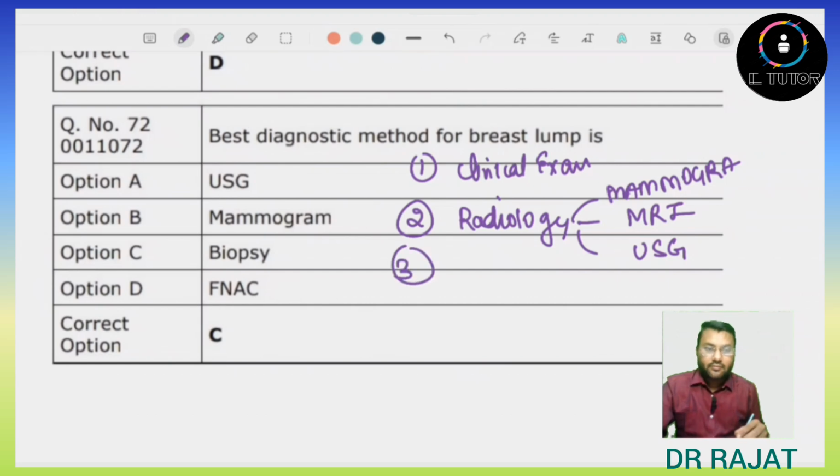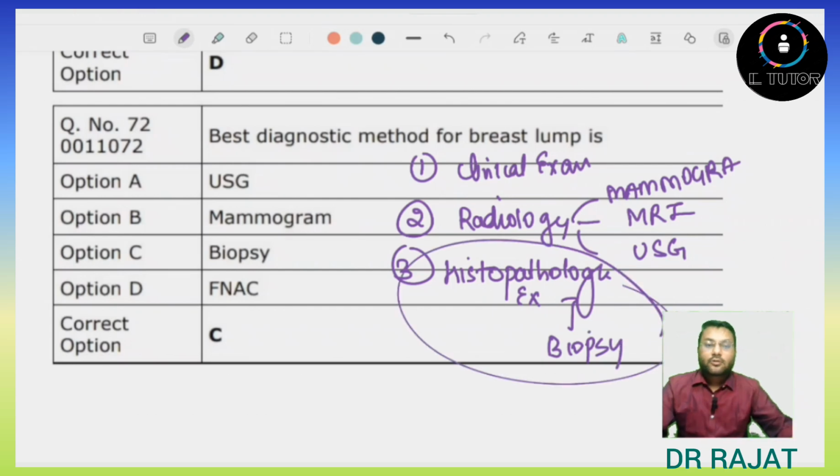And in third, we will do histopathological examination, for which we will do biopsy. So this is a confirmatory test. So biopsy is the best diagnostic method for the breast lump. So answer will be option number C, biopsy.